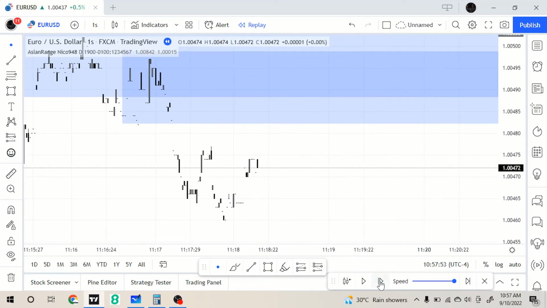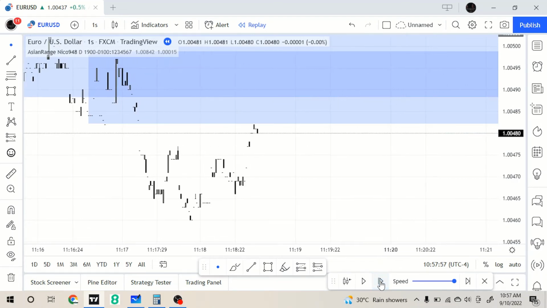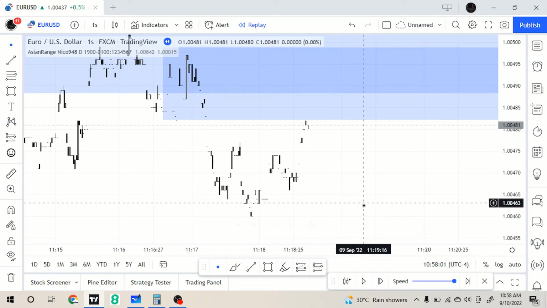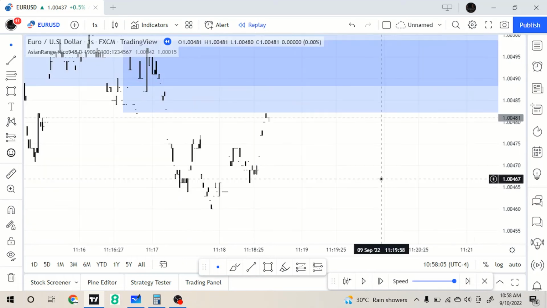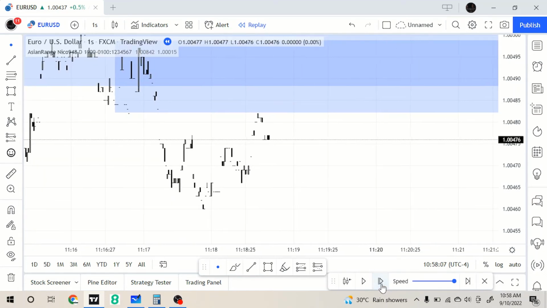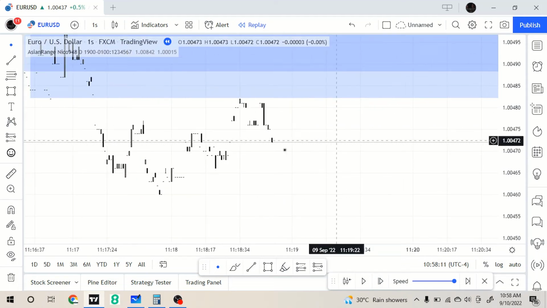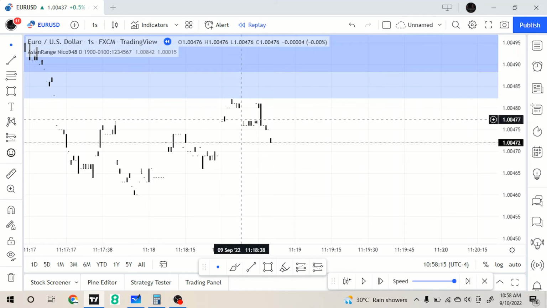So we'll play price a little bit more. Play price, play price. Yes, baby, we're back into that zone now. Angry birds, you keep doing this to me. Don't pop up. So once I play this, nice, you could clearly see this low was trying to form a high, but it's not really that.